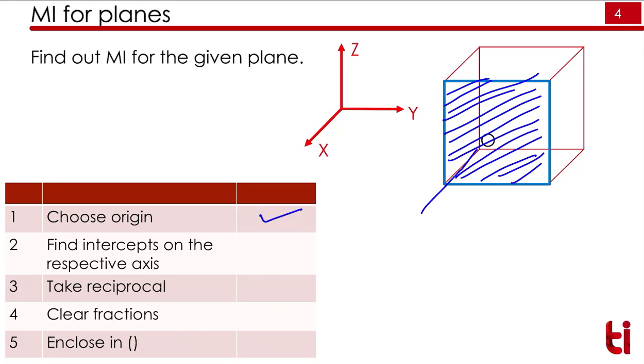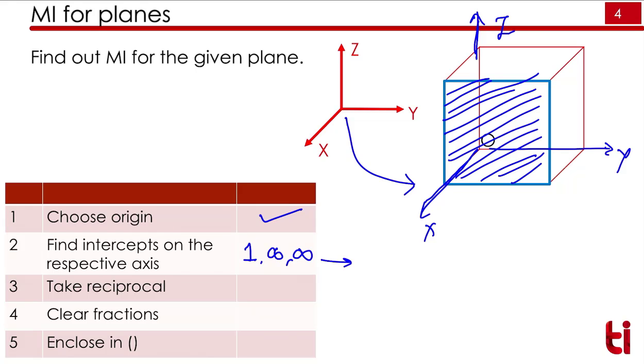So here you can see that this is X axis, this is Y axis and this is Z axis. Intercept on the respective axis. On X axis the intercept is 1. On Y axis and Z axis there is no intercept and this plane is parallel to Y and Z axis. So the intercept we can write as infinity and infinity.